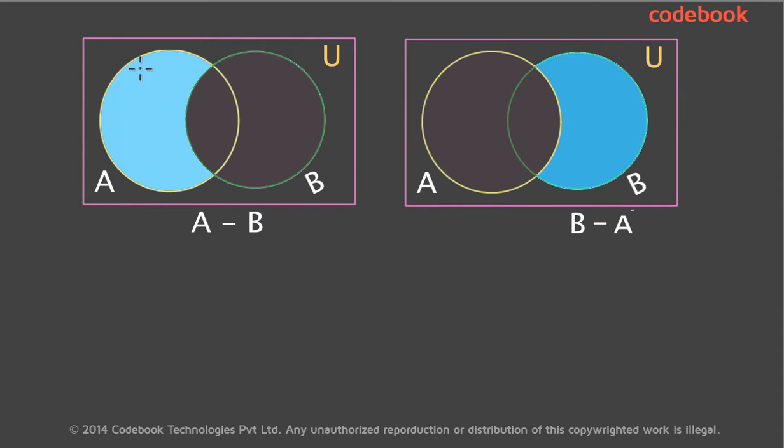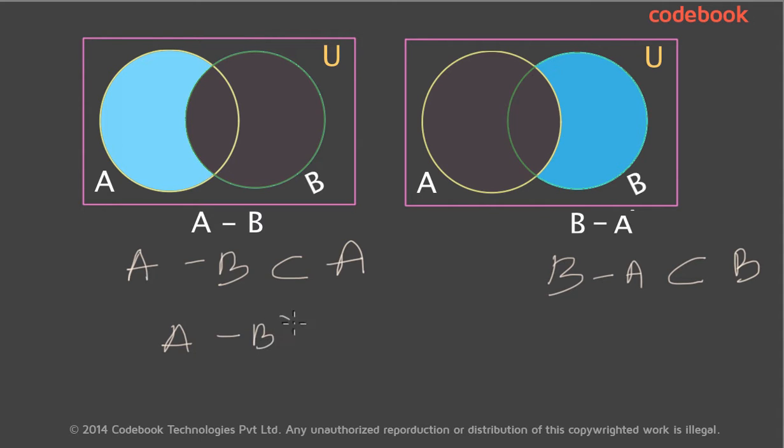For example, over here this blue area is a part of this yellow circle, which means A minus B is a subset of A. Similarly, B minus A is a subset of B. And if you look at the intersection of A minus B and B minus A, there is no element which is common to both these shaded areas. So this is an empty set. A minus B intersection B minus A is an empty set.